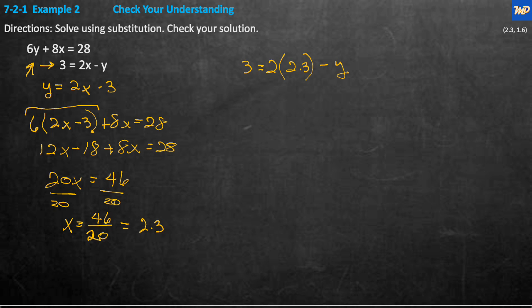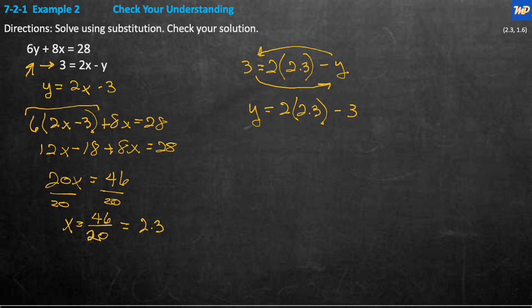Now we want to solve for y. We can do the same thing we did before. We're going to put the y on the left side, and the 3 is going to go over on this side. When we do that, we get positive y, because we've added a positive y to both sides, is equal to 2 times 2.3, and then minus 3.